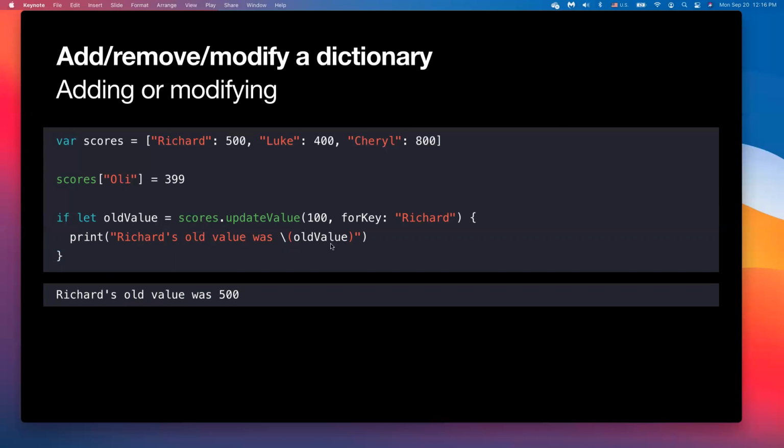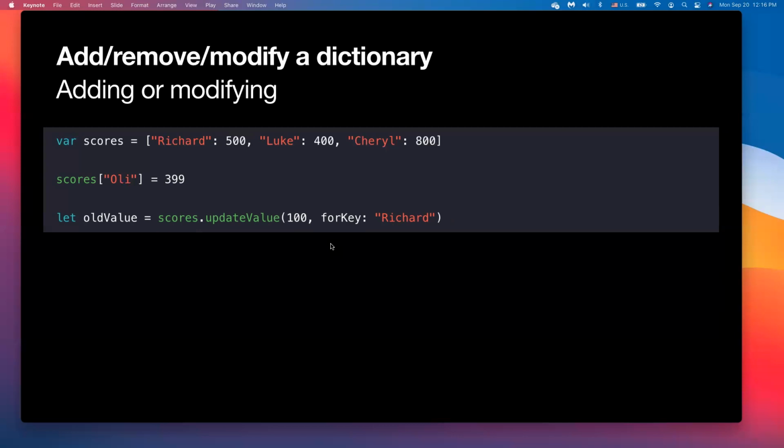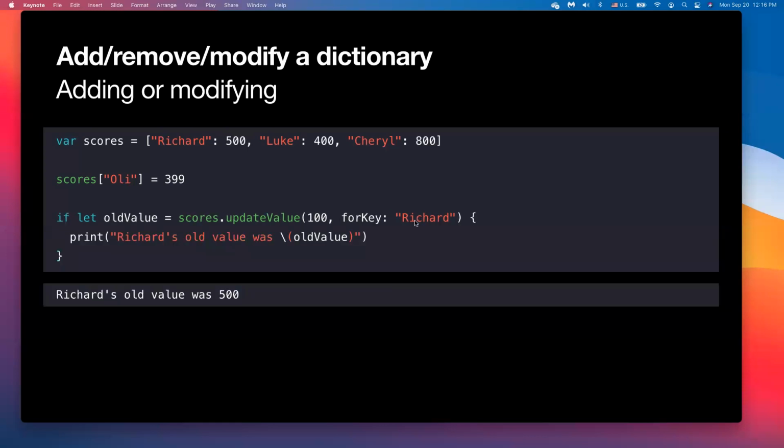If you want to be on the safe side and not get an error, you don't simply do that, because you're not sure if Richard is still in the dictionary or not. You follow this way: say if let oldValue equals this, and then you print the old value if it does exist. Otherwise, you avoid those error problems, those nil problems, all right?